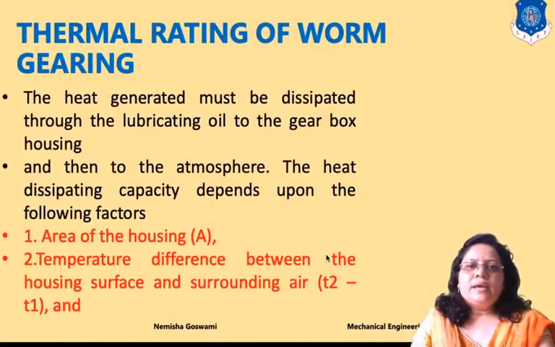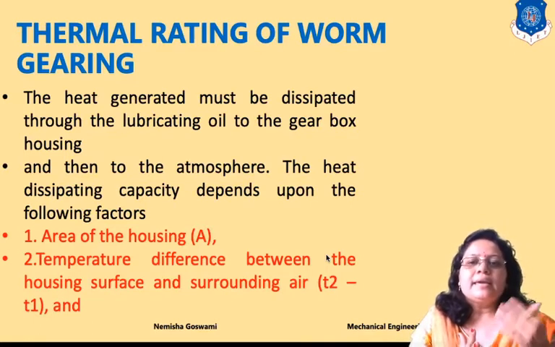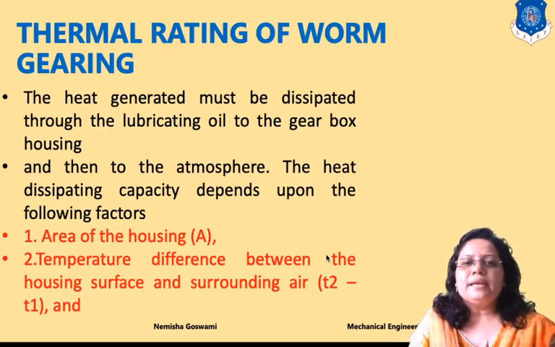Next is the heat generated. The heat generated inside the system is dissipated through the lubricating oil to the gearbox housing, and from there to the atmosphere. The heat dissipation capacity depends on some factors. First is the area of housing. Second is the temperature difference between the housing surface and the surroundings.